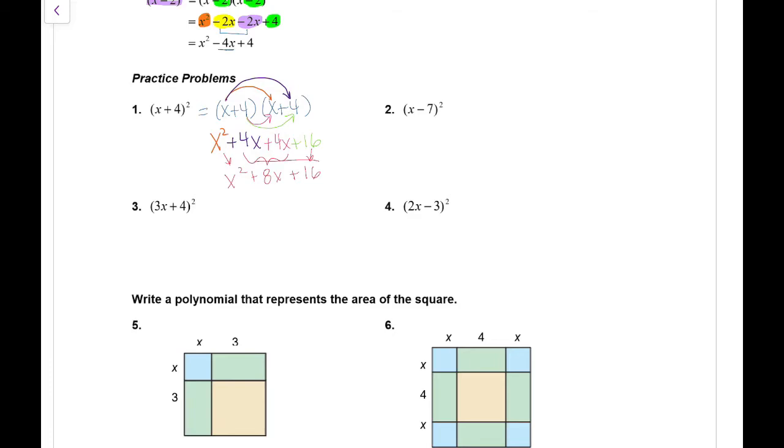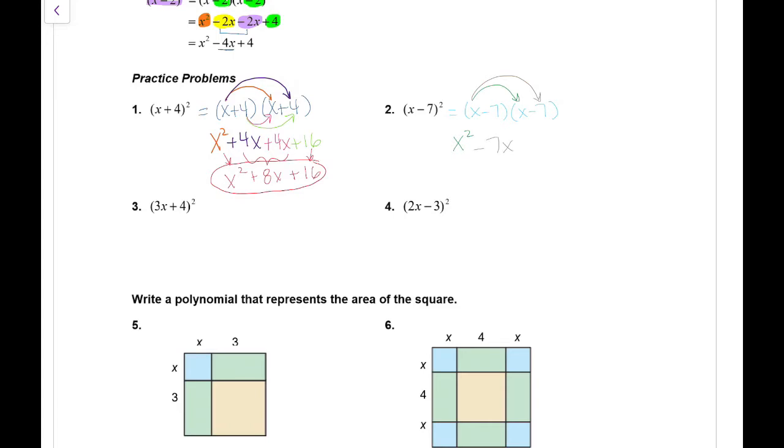On example 2, we have x minus 7 squared. This is equal to x minus 7 times x minus 7. So we are just going to FOIL them out. The first terms are x times x, which is x squared. X times negative 7 gives us negative 7x.